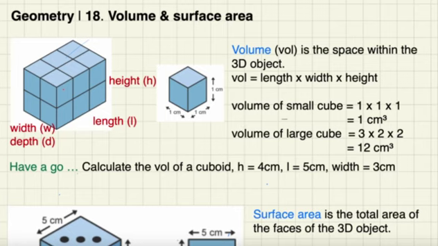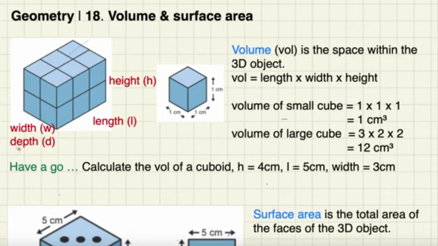Let's look at this larger example of a shape. This happens to be made up of 12 of these. Here are 6 at the top and 6 down at the bottom. The dimensions are length, height, and width or depth.